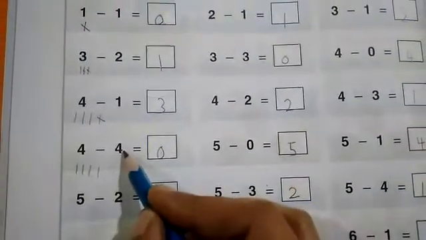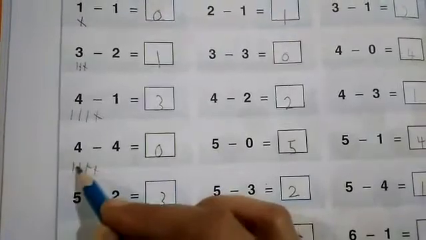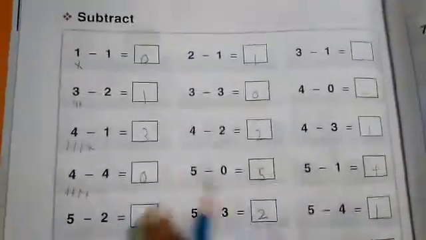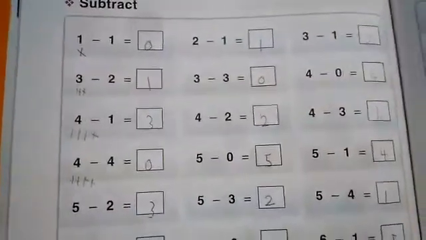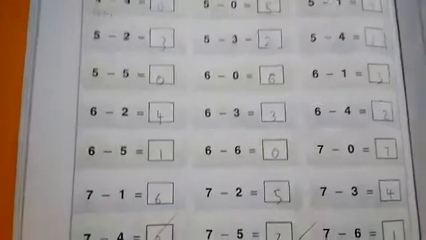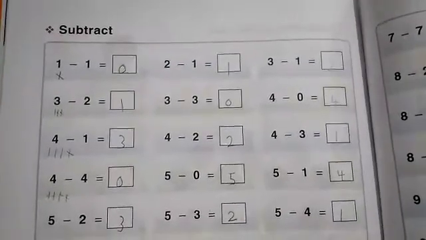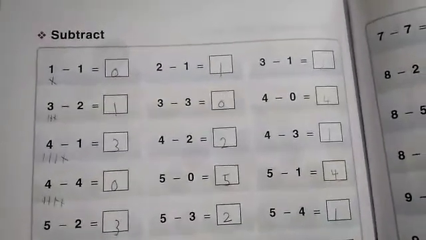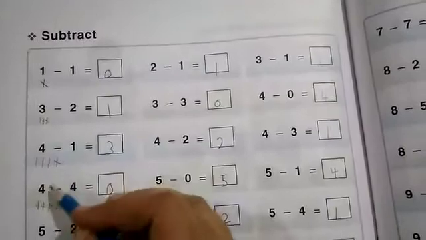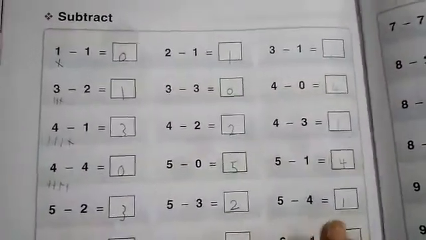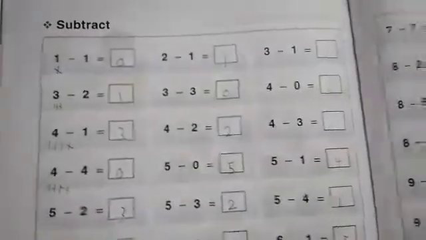You take out how many? 4. 1, 2, 3, 4. So remaining 0. So in this way you can do the subtraction sums in page number 38. Here are many sums. Children, you can do all the sums using your finger or using the line concept so that you will get the practice of doing subtraction sums.